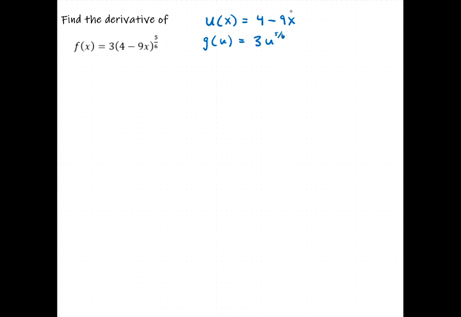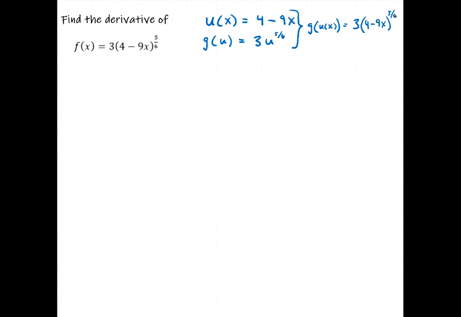So with this decomposition, we could check it to make sure it makes sense. G of u of x, meaning we plug the u function into the g function, we get 4 minus 9x to the power 5 over 6.